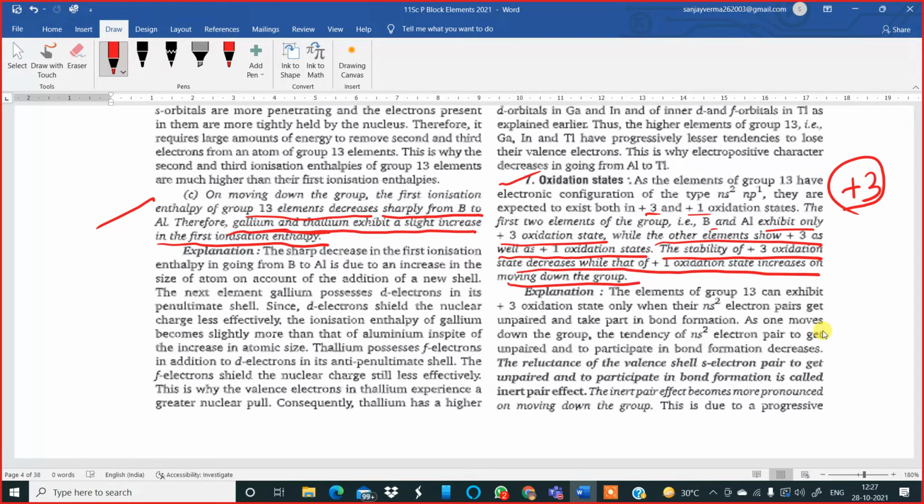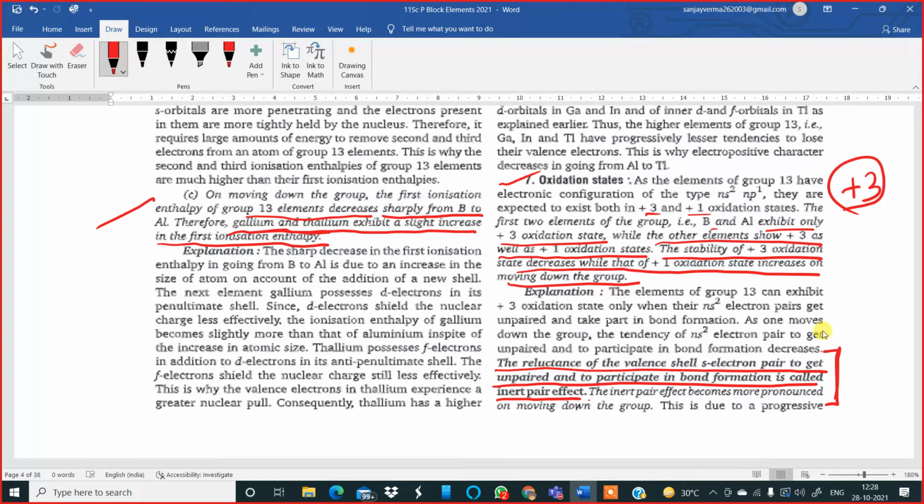This is because of the inert pair effect. The reluctance of the valence shell s electron pair to get unpaired and to participate in bond formation is generally called the inert pair effect.